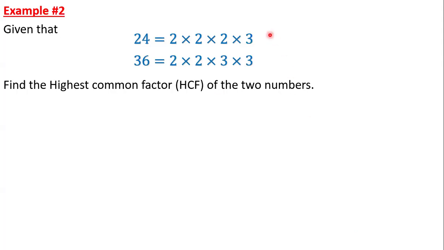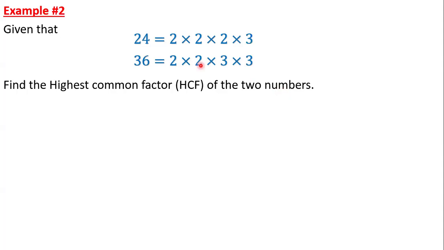Can you read this question for me, please? Start from given that. Given that 24 equals 2 times 2 times 2 times 3, 36 equals 2 times 2 times 3 times 3, find the highest common factor, HCF, of the two numbers.